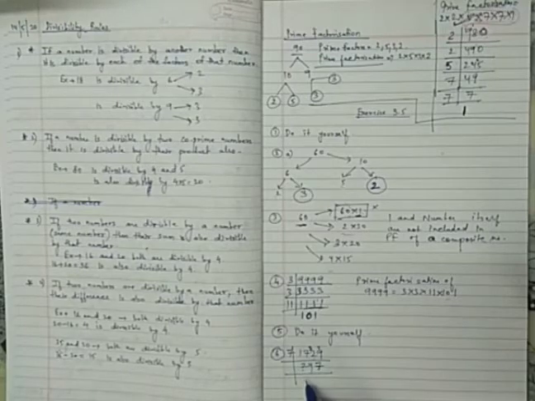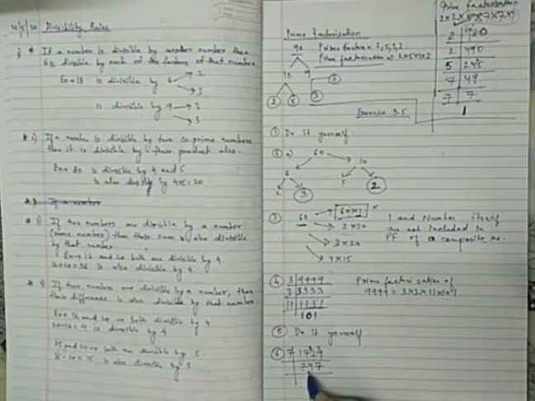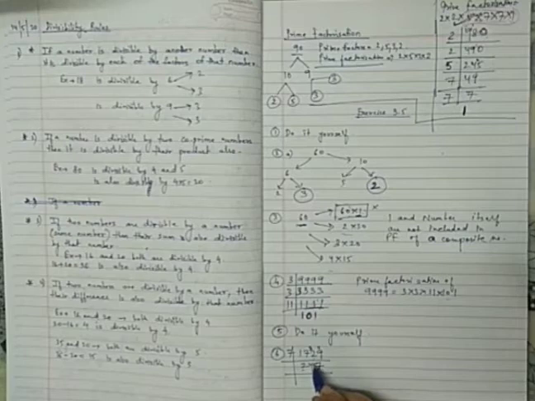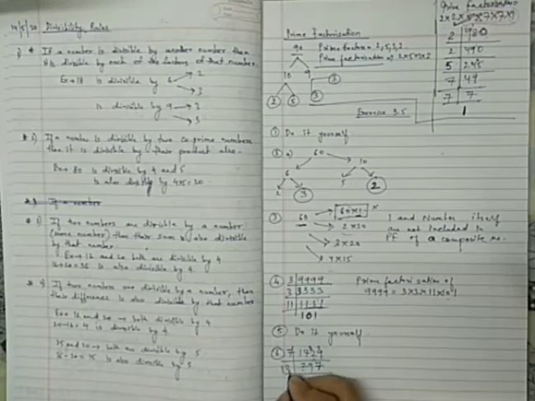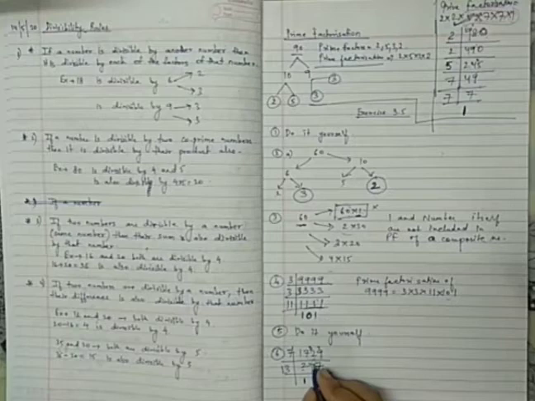13 ones are 13. Remaining is 9. 13 ones are 13. So 24 minus 13 is 11. 117. Yes, 13 nines. So this is divisible by 13. 13 ones are 13. The balance is 11.